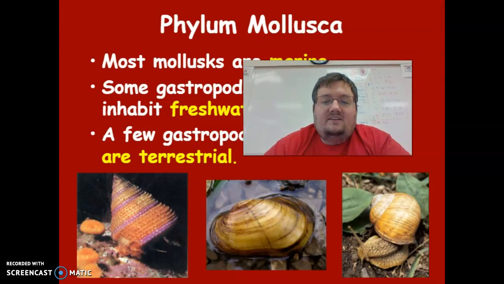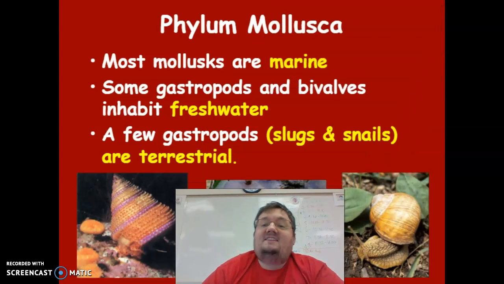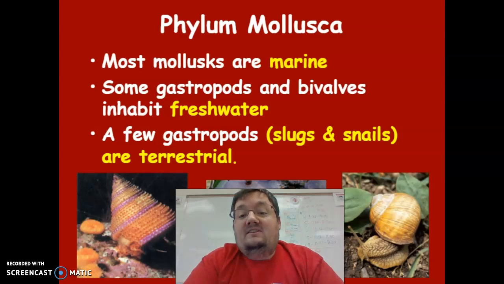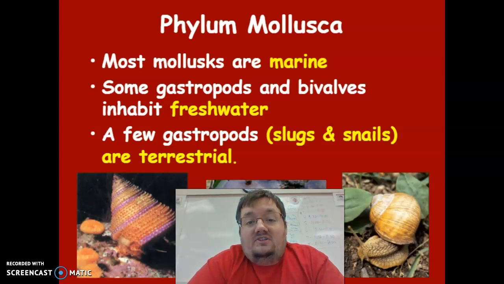When we're talking about mollusks in general, the vast majority of mollusks are marine. Marine means that they live in the ocean. There are a few species, just gastropods, so slugs and snails, that are terrestrial though, which means that they can live on land. There's also some different species of gastropods, as well as bivalves, which I'll talk about those classes in a minute, that inhabit fresh water as well.